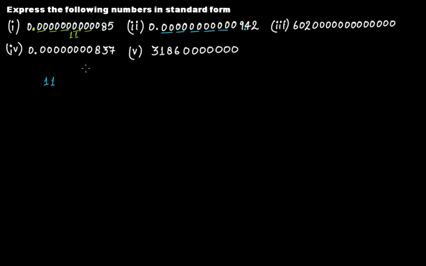One digit, that is 9. So 11 plus 1, that is 12. Now since you have to move your decimal point towards the right, write it as 9.42 multiplied by 10 raised to the power of minus 12.